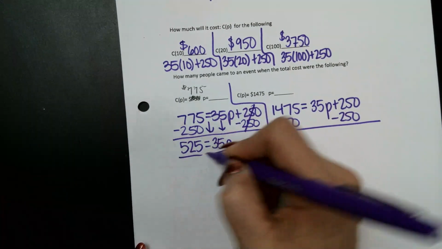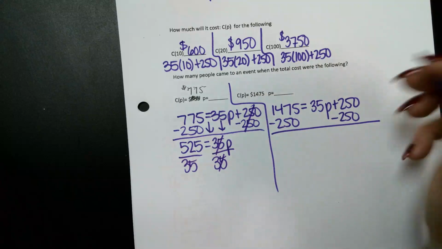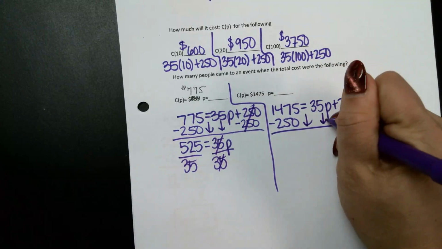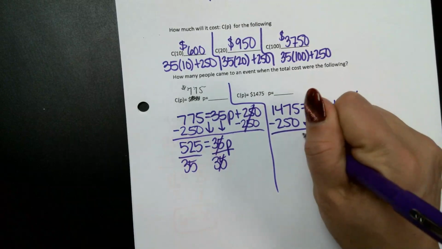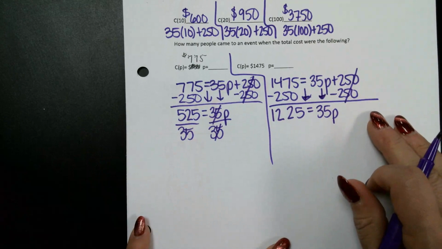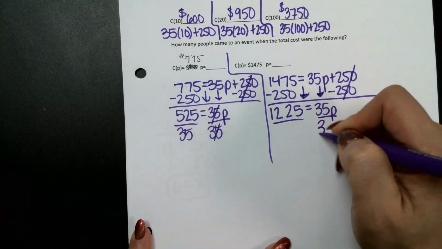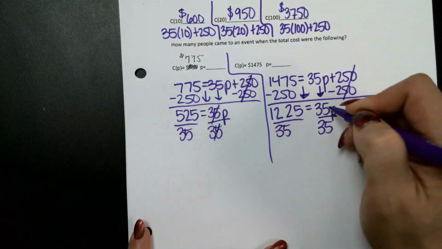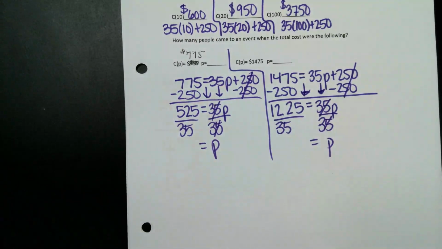Divide by 35. And then on this one over here, I just subtracted my 250 to get 1225, and then I'll divide by 35. So the steps are the same. I just need you guys to tell me the answers.